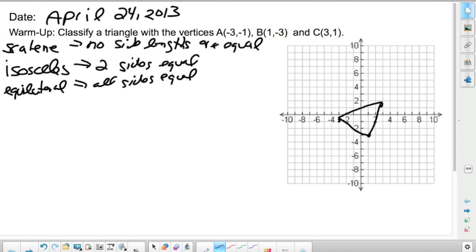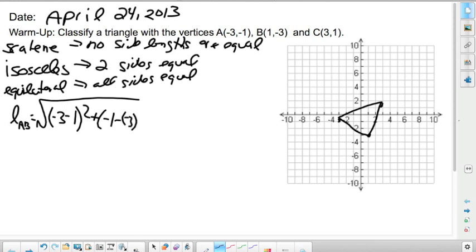So length of AB will be the square root of, formula is x minus 1 squared plus -1 minus the -3 squared.